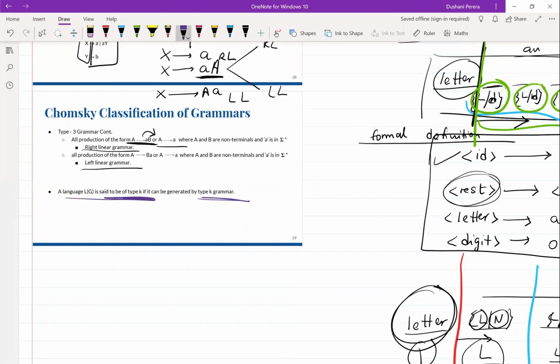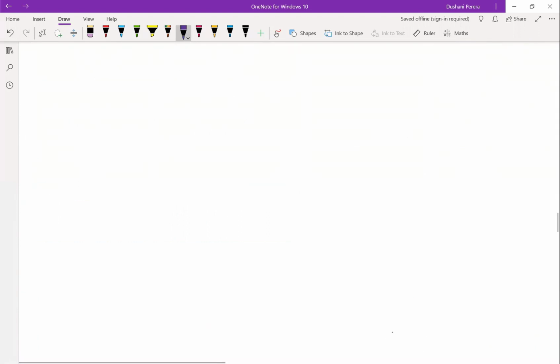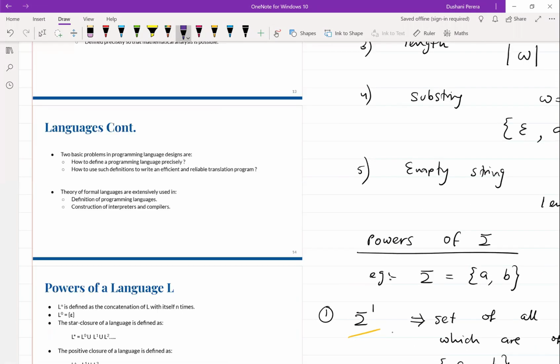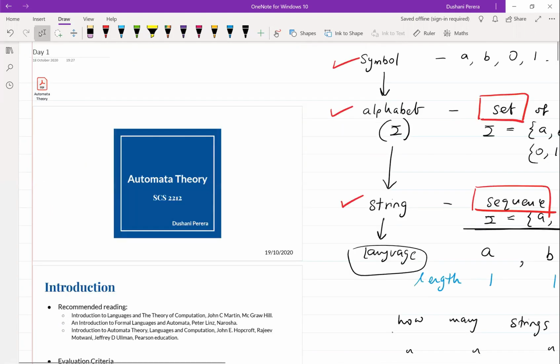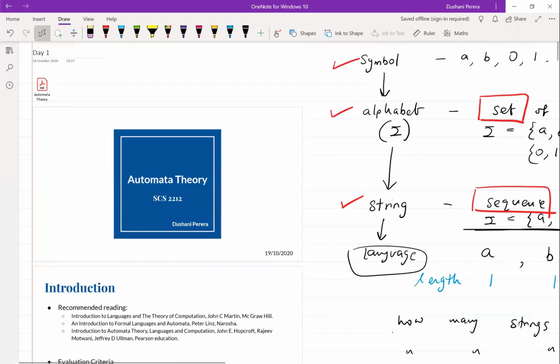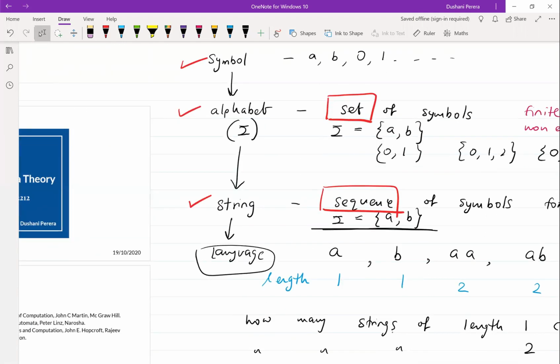Okay. Right. So let's do a quick recap on what we did today in the very first lecture. We started with the basics of the subject, symbols, which include A, B, or whatever, and they are the basic element of automata theory.